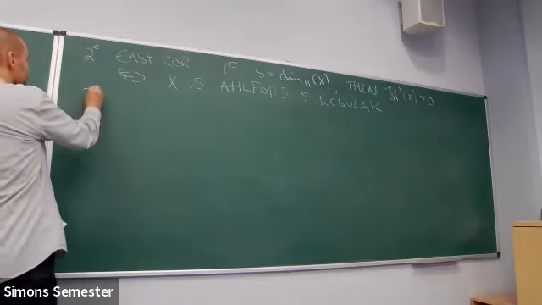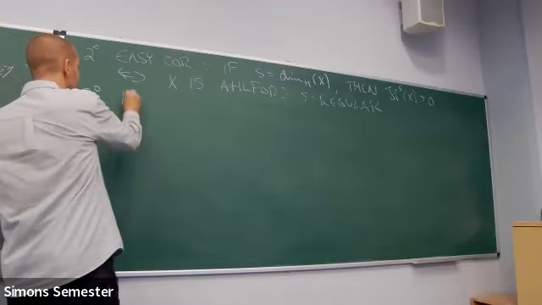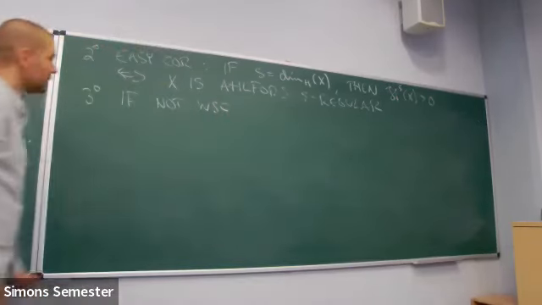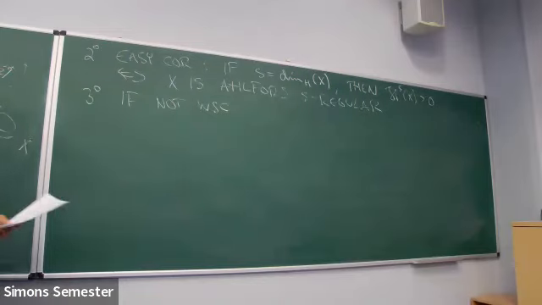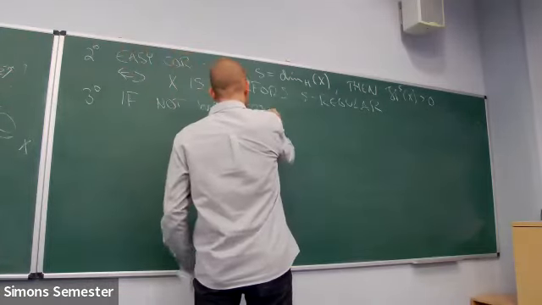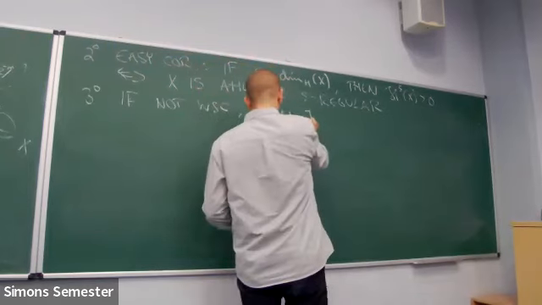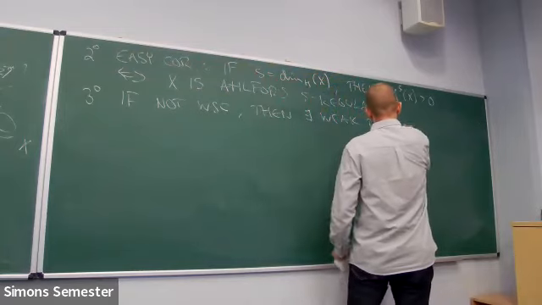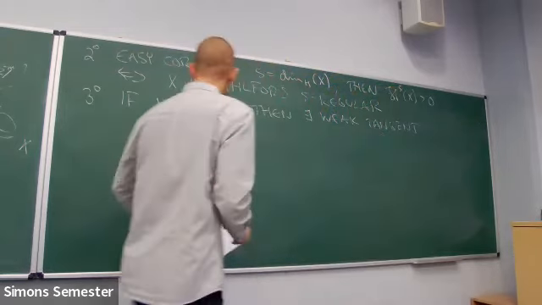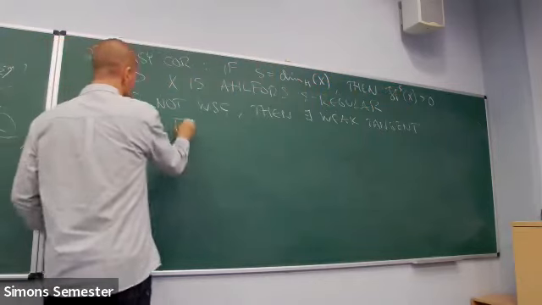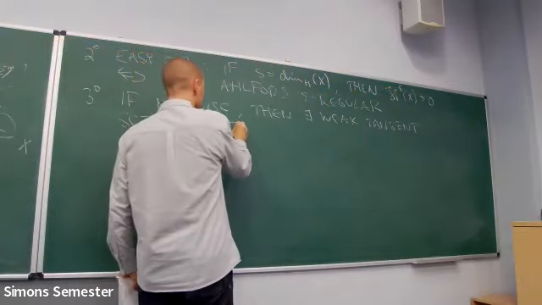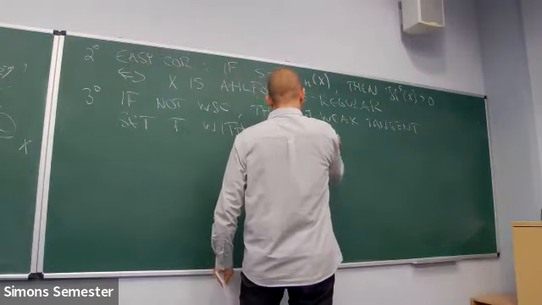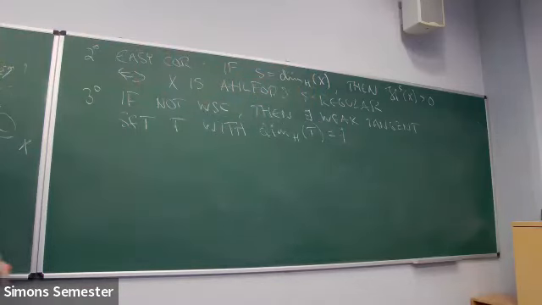Okay, and then the third thing is that if you don't have the weak separation condition, then there exists a weak tangent T having Hausdorff dimension 1.